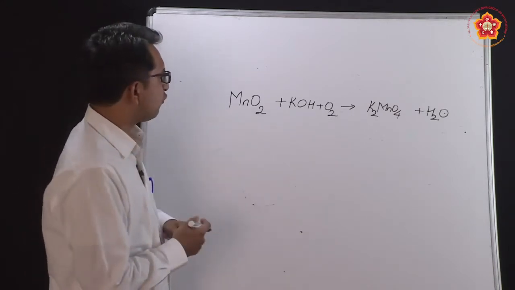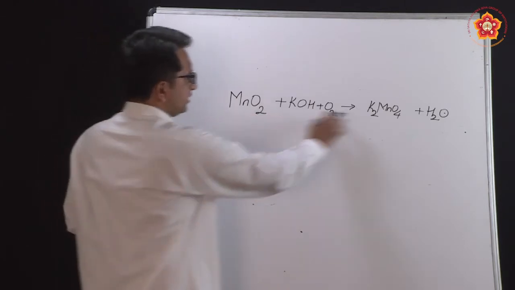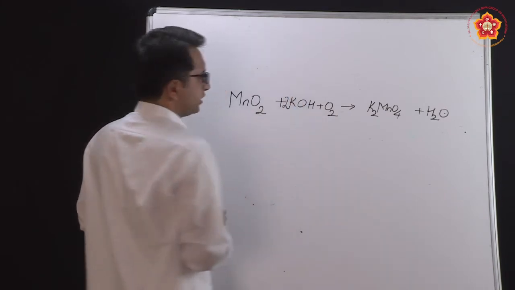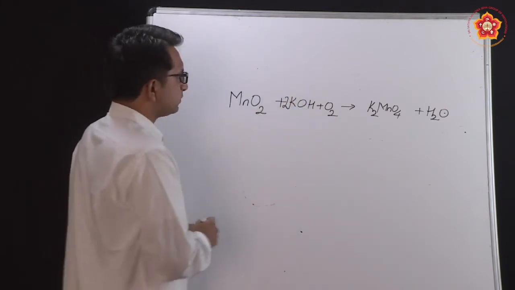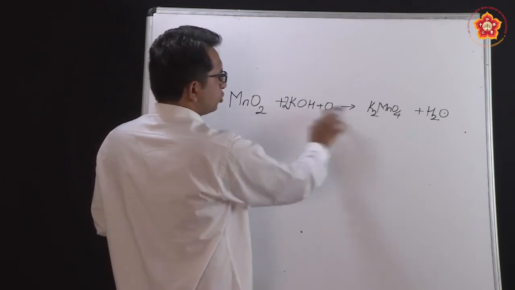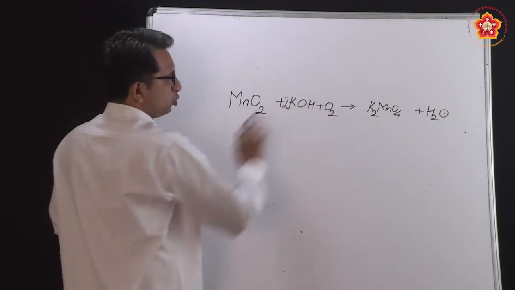So, for the case of balancing, once again when we see this, we see that the Mn is same on either sides. Potassium, there is a difference. So, let me take this as 2 KOH for this. So, potassium and Mn are satisfied. What about hydrogen? Hydrogen is also satisfied here. What about oxygen? 2 here, 2 here, 2 here.